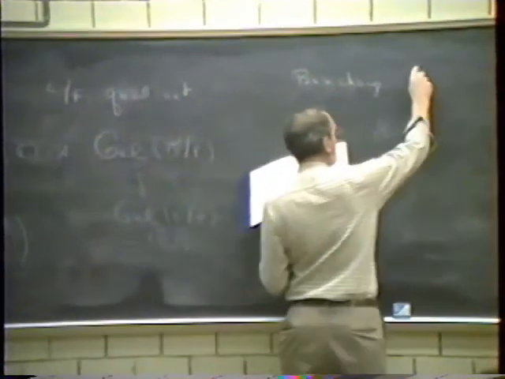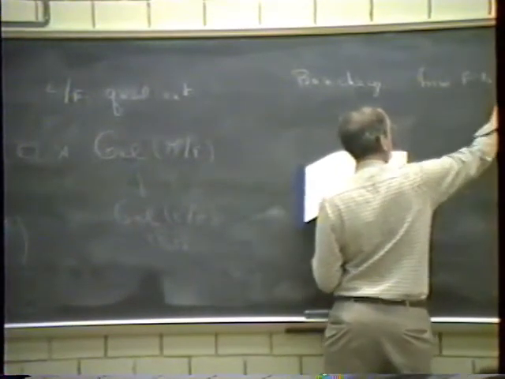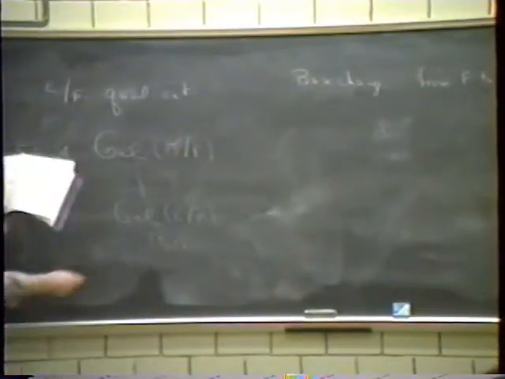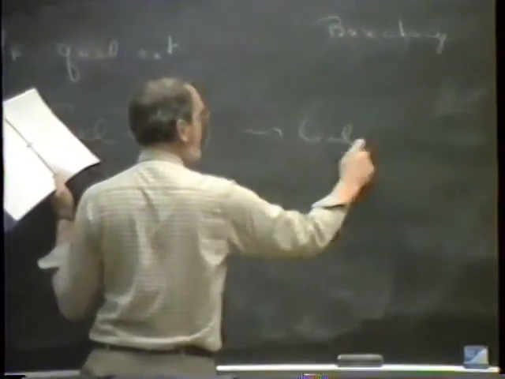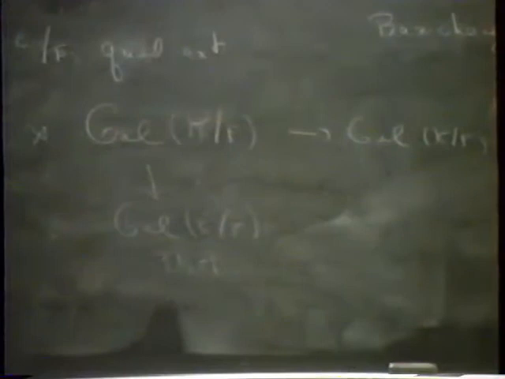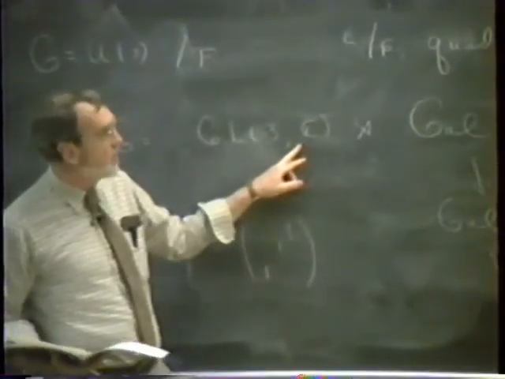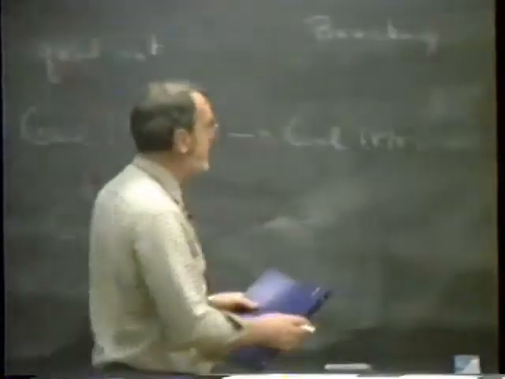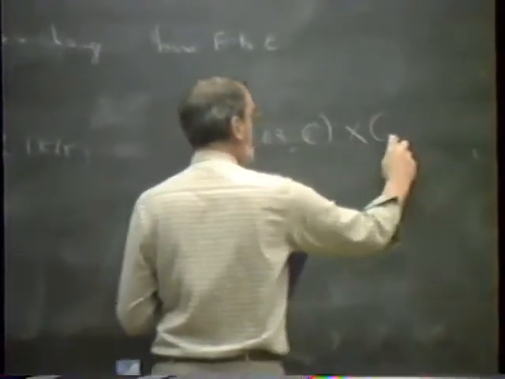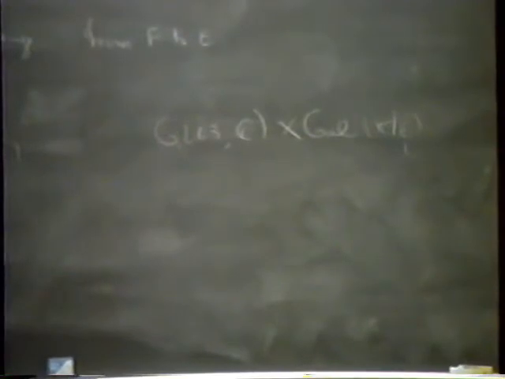I want to make base change from F to E. You see, that just says the L group always maps to the Galois group of K over F. If base change says go to E, take the inverse image of the Galois group of K over E, which is just GL3C times Galois group of K over E, because Galois group of K over E is acting trivially.